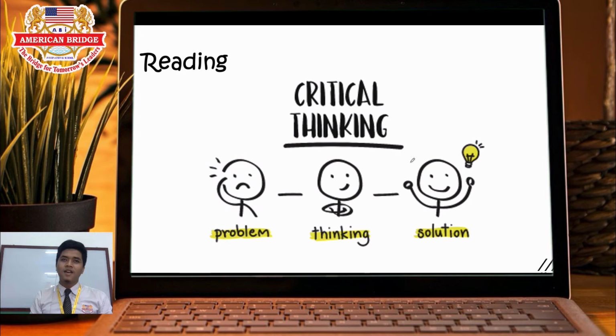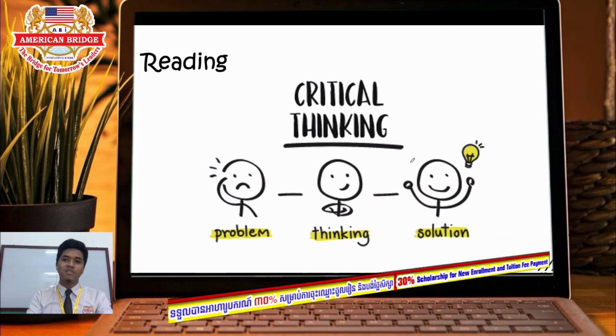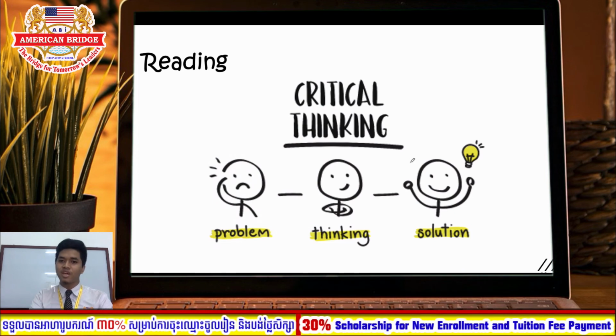So in any test, there are always 3 types of questions. We have on the line questions, between the lines questions, and beyond the line questions. It is the beyond the line questions that need your critical thinking in order to answer.